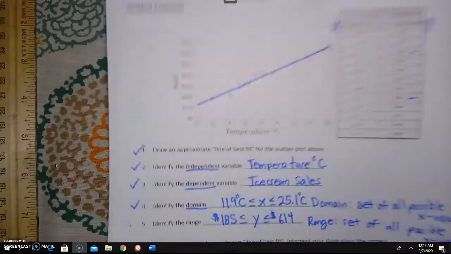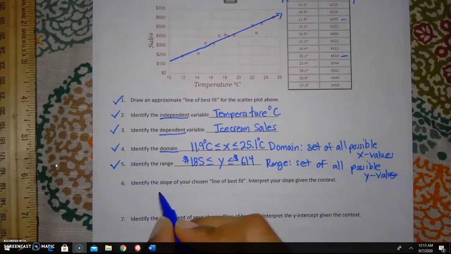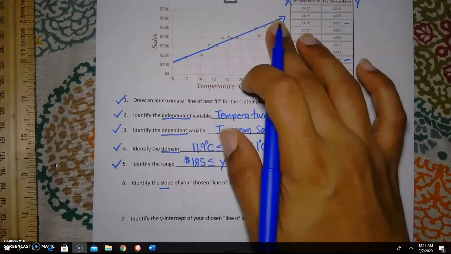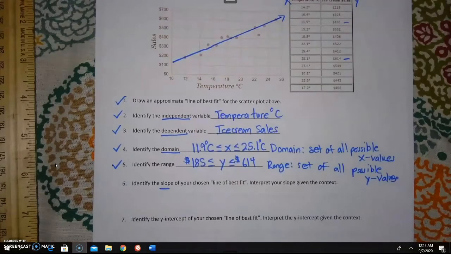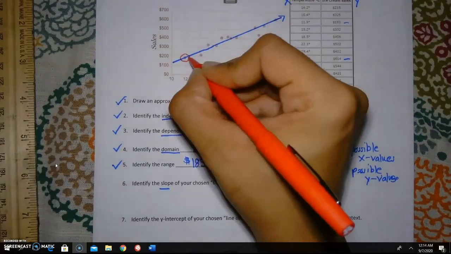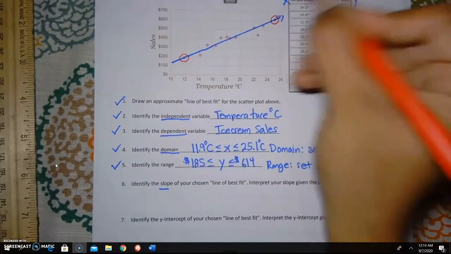All right. Now, what they want us to do on number 6 is to identify the slope for this line of best fit. Now, in order to identify a slope, we need 2 points on the line. So I'm going to look closely, and it does appear that this point right here goes through quite nicely, as well as possibly this point right here.